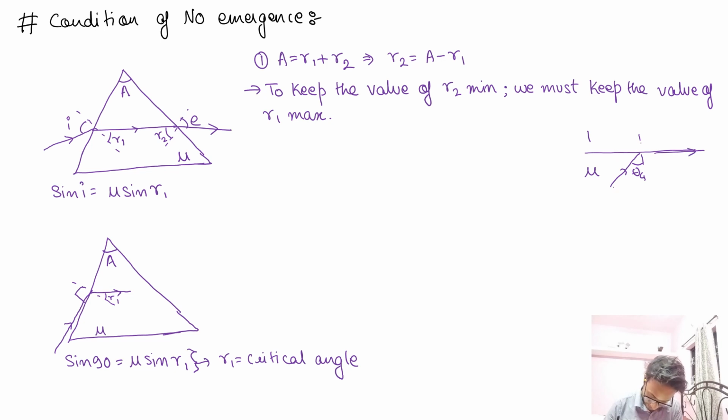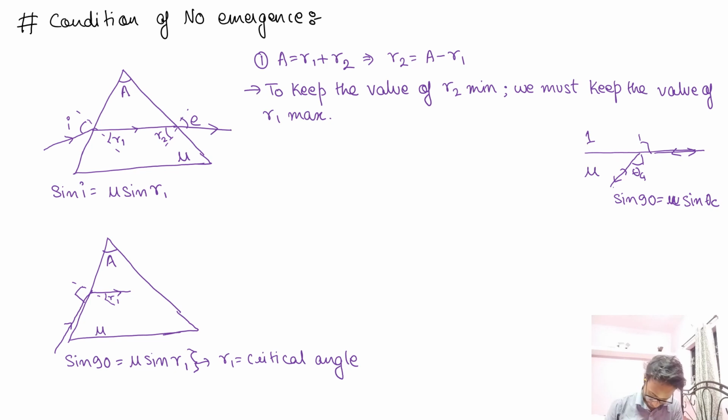If you invert this, or oppose the direction of it, it would come like this. So this is air of refractive index 1. So sine 90 is equal to mu sine theta c. Does this equation look like this equation? Of course I can say R1 is equal to the critical angle.